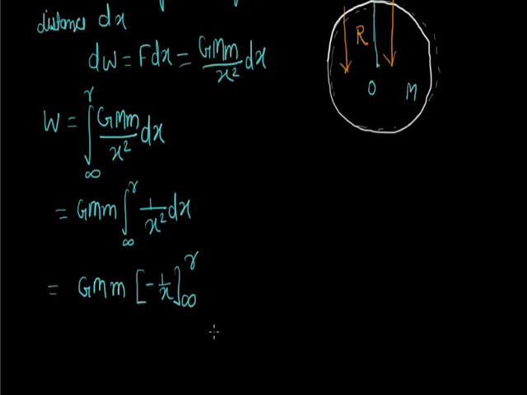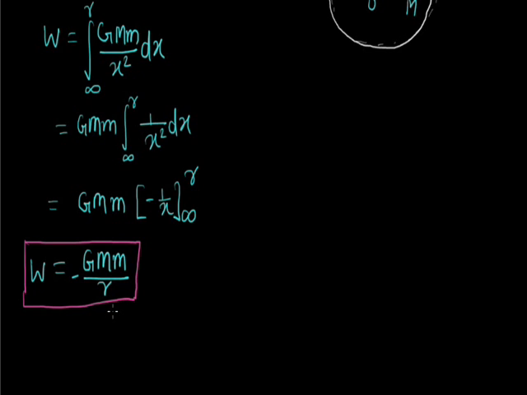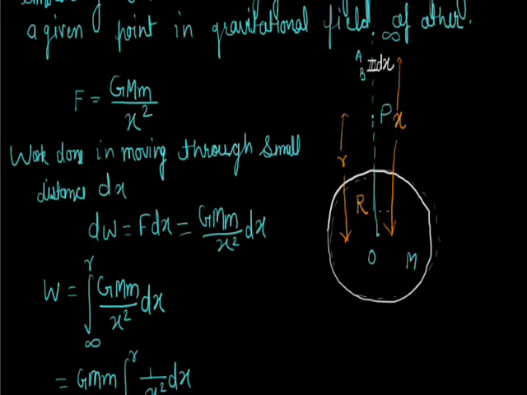By putting these values, we get the work done will be minus G M m upon small r. So it is the expression for gravitational potential energy in bringing a body from infinity to a certain point P, which is at distance r from the center of Earth.